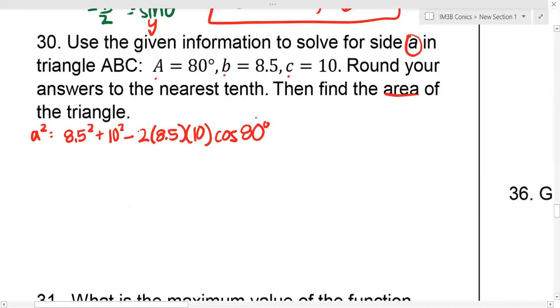Remember that when I do this, I want to literally plug all of that into my calculator and calculate it.